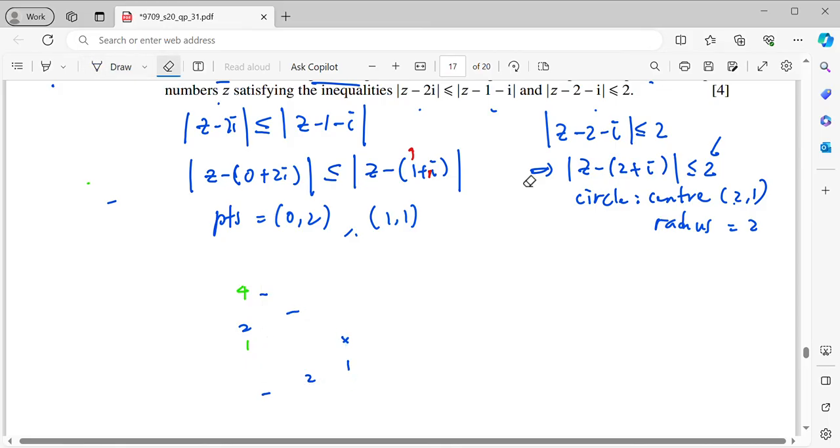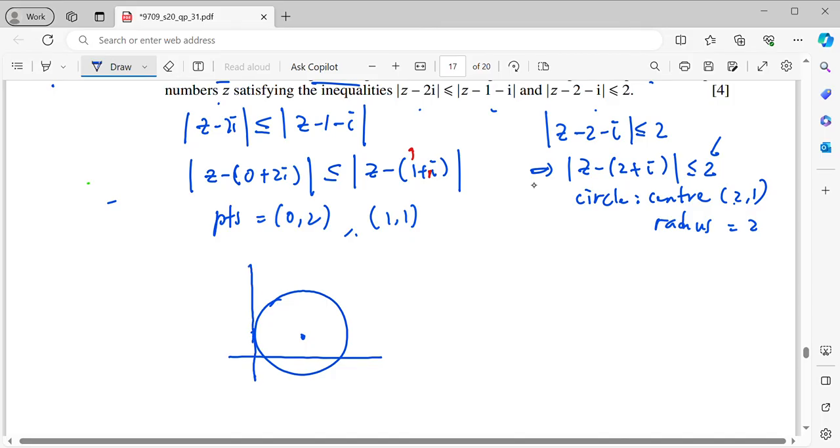Okay, maybe I just draw a circle and then I label my axis. That will be easier. Maybe you just use a coin to draw the circle. Okay, so we know that this is going to be negative, so here is negative 1, this is 2, here is 4, this is 3.